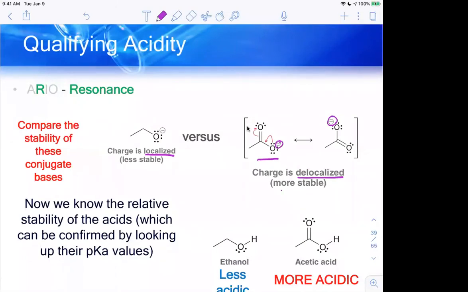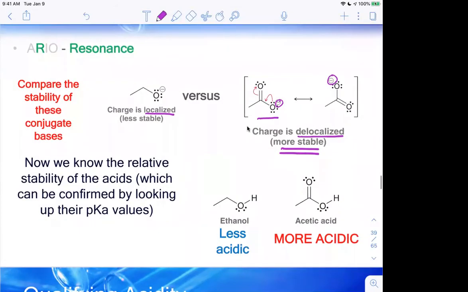So this is going to be the more stable of those two anions. And now I can see that the conjugate base of acetic acid is more stable than the conjugate base of ethanol due to resonance delocalization of that charge. So this is the more acidic molecule.